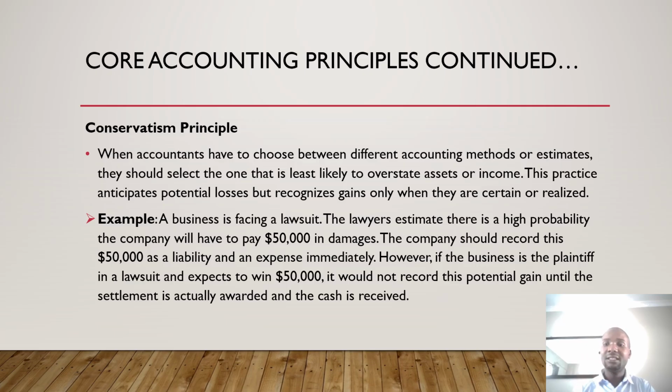However, if the business is the plaintiff in a lawsuit and expects to win 50,000, it will not record this potential gain until settlement is actually awarded and the cash is received. So you can see that between the damages and the win in a lawsuit, the one that is likely to happen here is the loss. That's why we are recognizing the 50,000 loss.